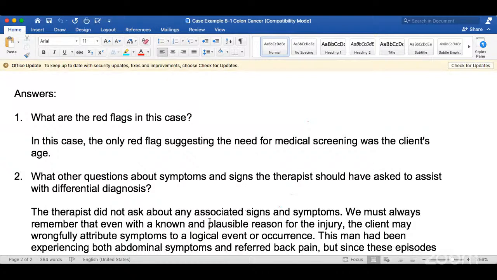I was going to say, for me the red flag may not mean that I will refer him, but it will cause me to ask a few more questions. Being a male, the back pain would have set me on the path of thinking, could this man be having a prostate issue that is already sending signals to the back? Because for me, age and gender together, from experience, I have seen so many that I've had to send to the doctor for further examination.